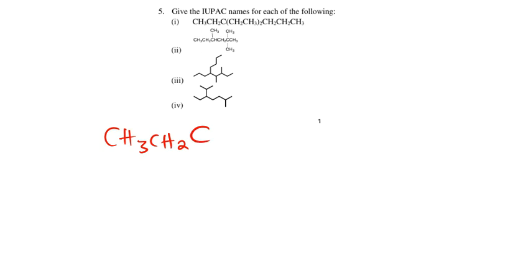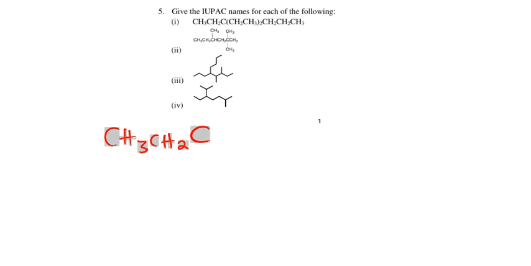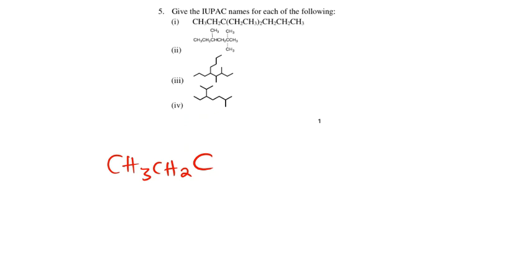When you see brackets, it implies that's a branching structure. It's a substituent. It's not in the main chain, but it's connected to the main chain. So we can see there are two, CH2, CH3 and CH2, CH3.